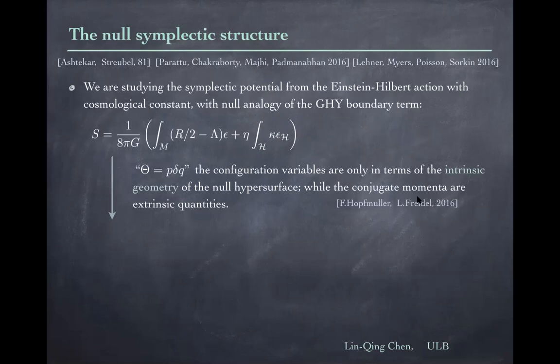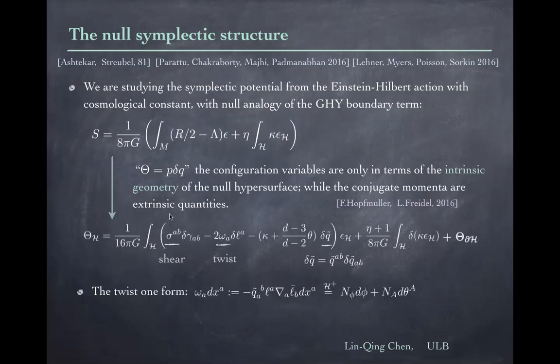And I will be applying the result done by Florian and Lohan on recasting the symplectic potential into a very neat form, in the sense that when it is written as P delta Q, the configuration variables are only in terms of the intrinsic geometry of the null hypersurface, while the conjugate momenta are extrinsic quantities.